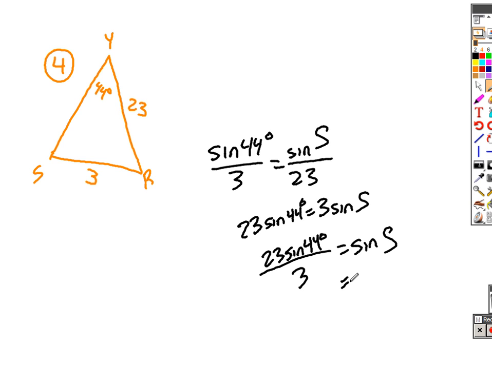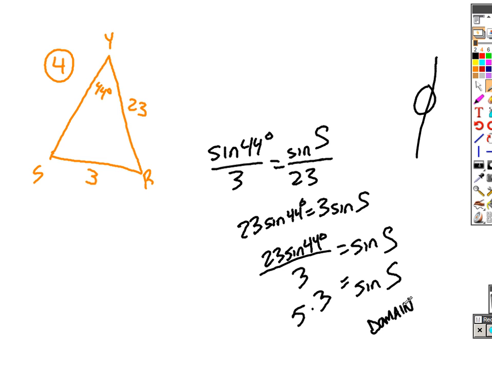When I simplify that, sine of S is equal to about 5.3. And right there, you should know that sine of any angle cannot be bigger than 1. So I should say, does not exist. This cannot possibly happen. If you do it, you'll get a domain error.